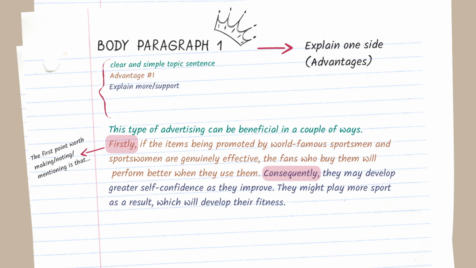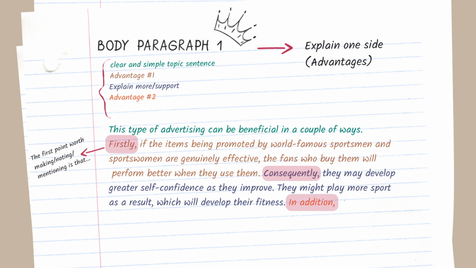Now, after explaining your first advantage, it's time to write about your second advantage. What is the second advantage of this advertising? You can include some phrases or, let's say, cohesive devices like in addition.